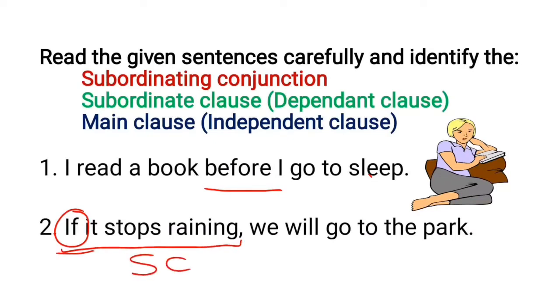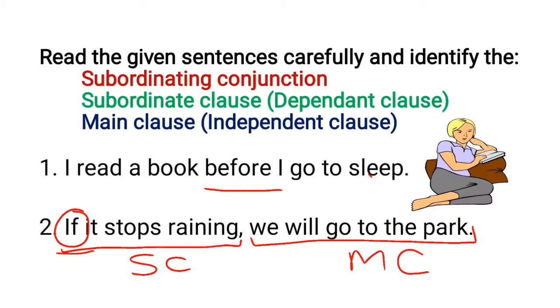This is your subordinate clause. And the main clause is we will go to the park, because it is independent clause. It is not dependent for its full meaning on any other clause, and that is why it is main clause or independent clause.